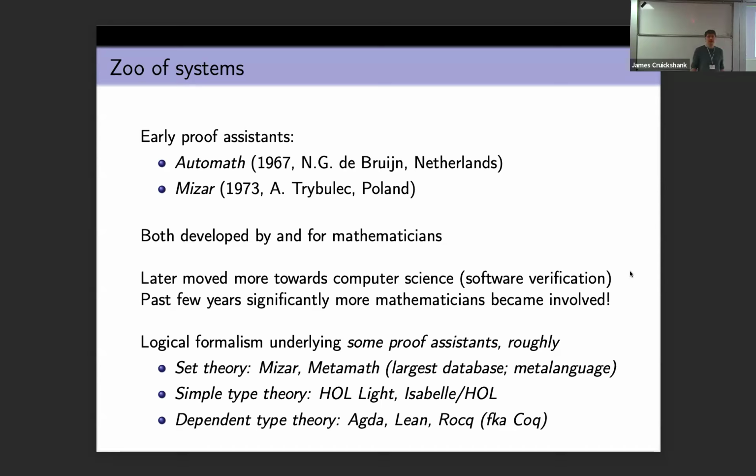And NASA already used this for a long time for certain software in space missions. Then in the past few years, or maybe the last decade, more and more mathematicians became involved in formalization. Nowadays it's not just a very small niche thing for mathematicians, it has become a bit of a hot topic.